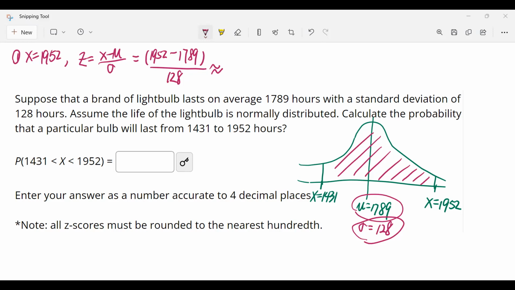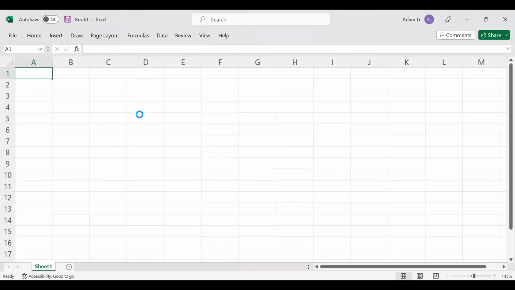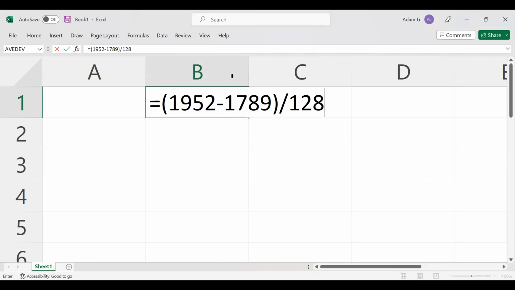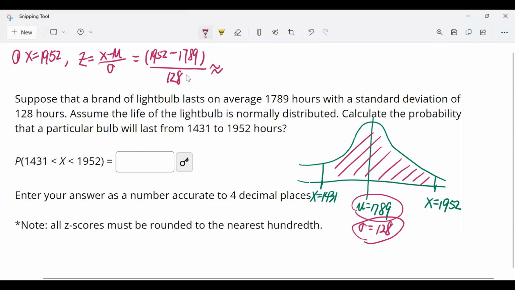First one, let me share the screen with you. Equal sign first, open parentheses, 1952 minus 1789, divided by 128. Let me double check the numbers. Yep, that should be good.